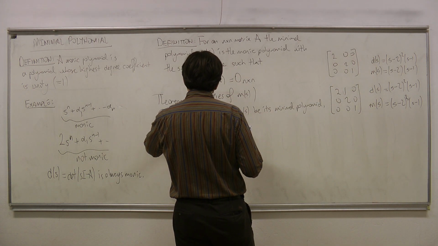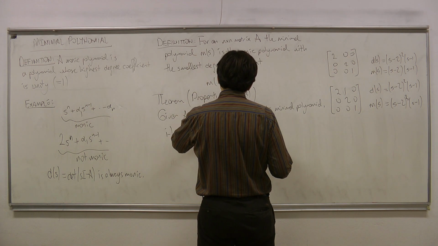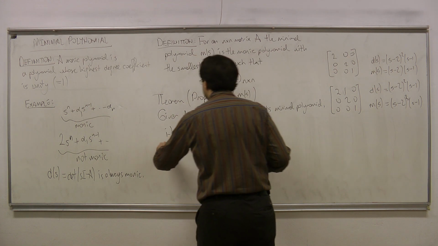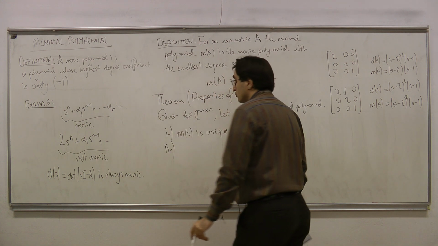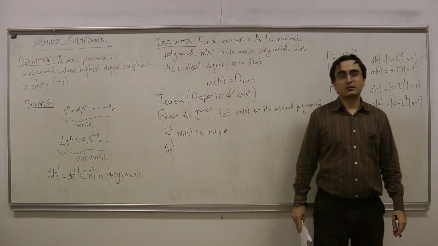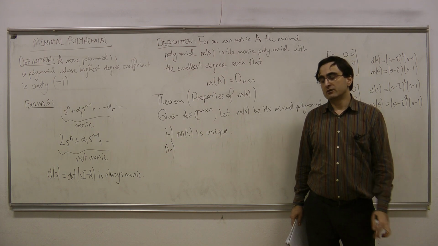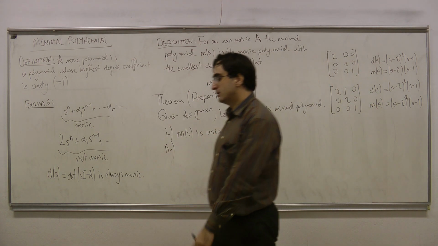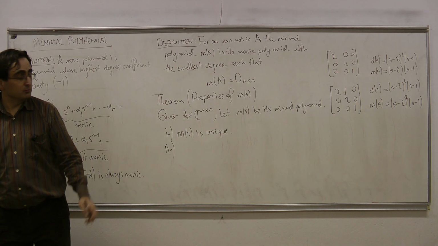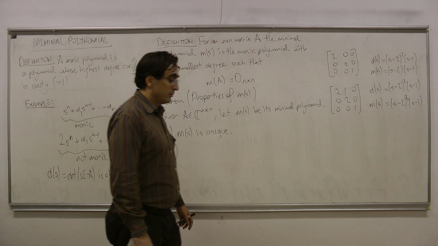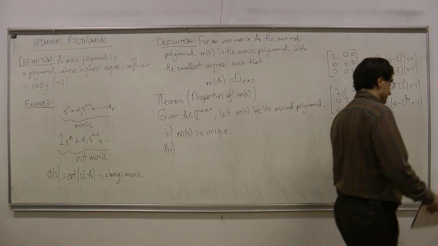M of s is unique. This is the first property. So the minimal polynomial is unique. There cannot be 2 minimal polynomials of a single matrix. There is one and only one minimal polynomial for a matrix. Okay, there cannot be more than one.